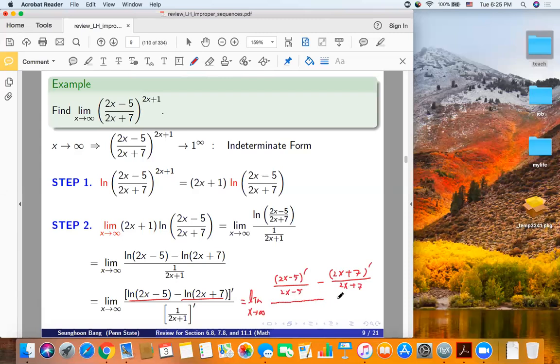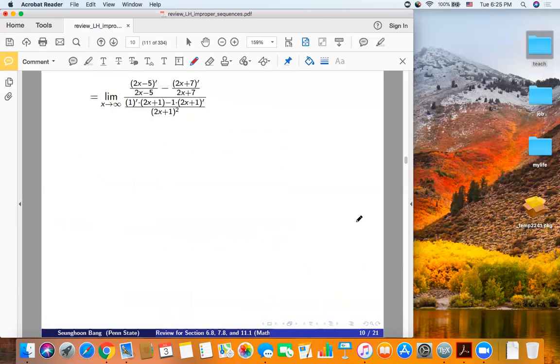How can you find the derivative of 1 over 2x plus 1? You can use the quotient rule: derivative of 1 times 2x plus 1 minus 1 times the derivative of 2x plus 1, over the bottom squared, 2x plus 1 squared. This is the whole idea. So we have this one, like this.